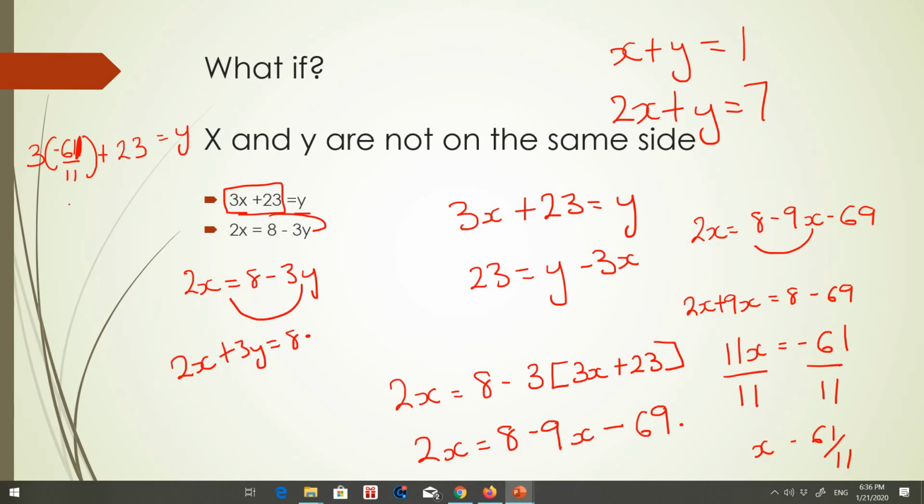Okay, well, let's open the bracket. Minus 61 times 3, that should be minus 183. So minus 183 over 11 plus 23 equals y. So we have 23 over 1 here, 11 minus 183.